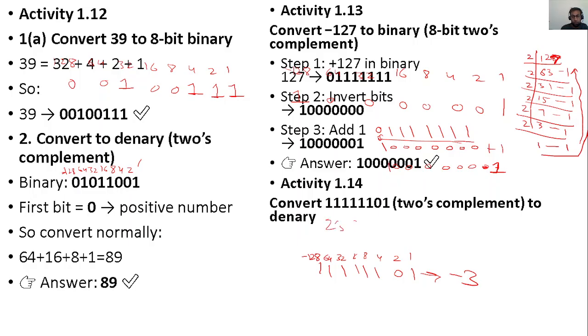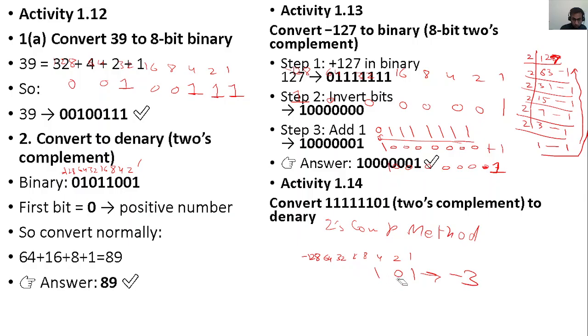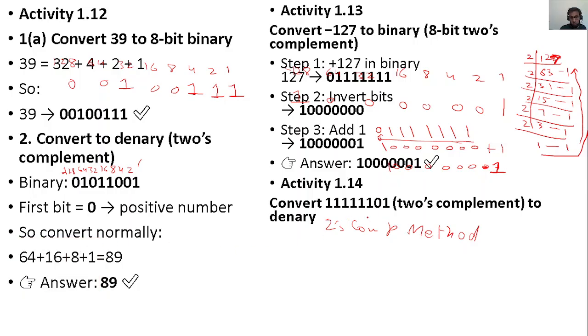Now for the 2's complement method, let me erase what I did with the direct method. I'm going to erase this method. This is the number that we are going to use now with the 2's complement method.